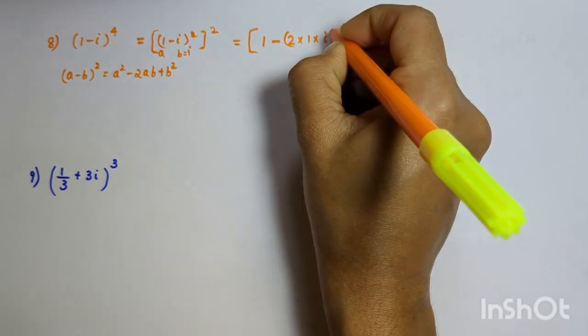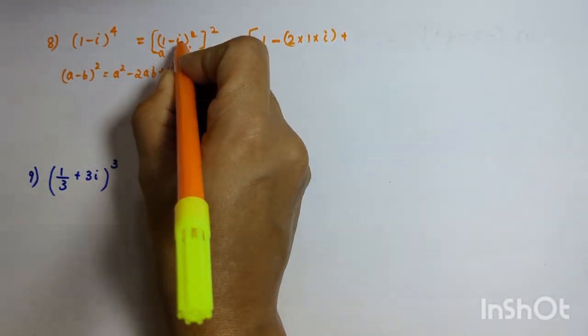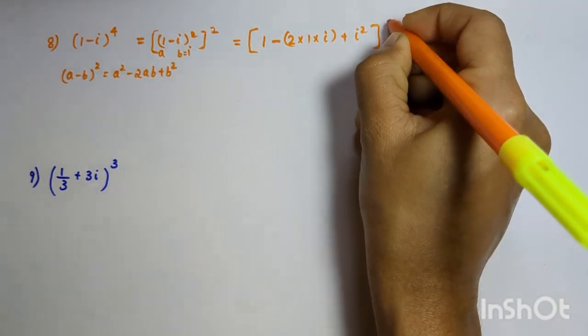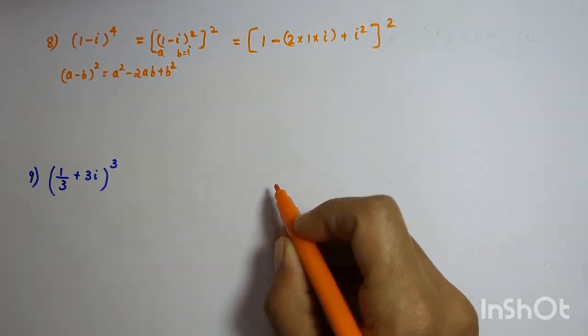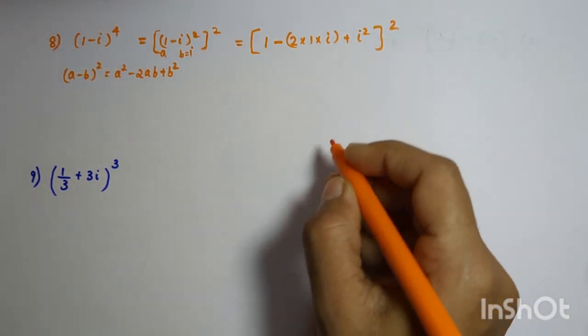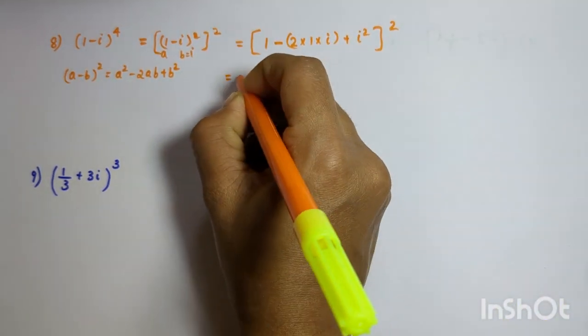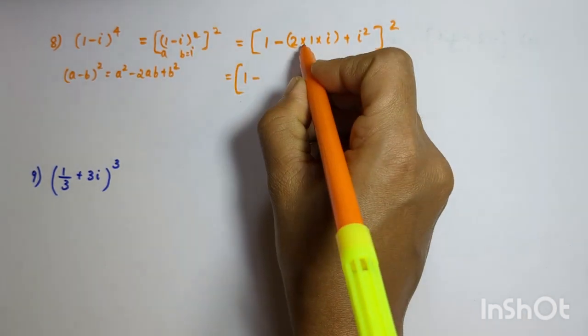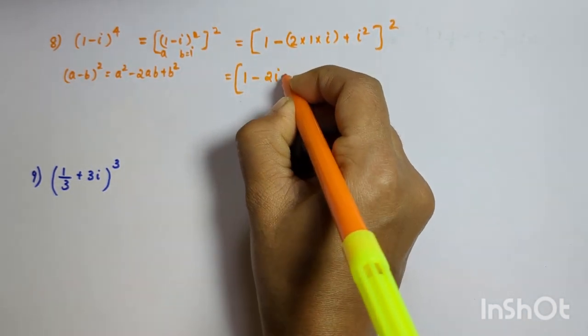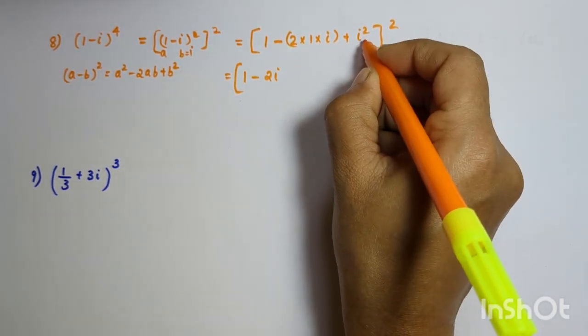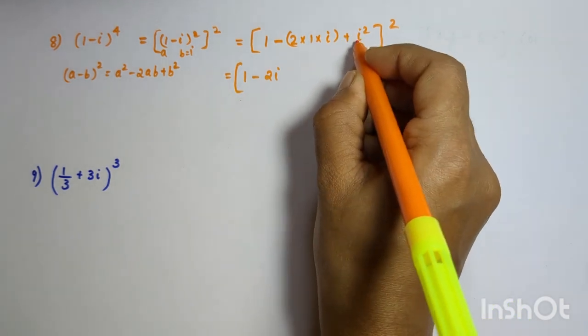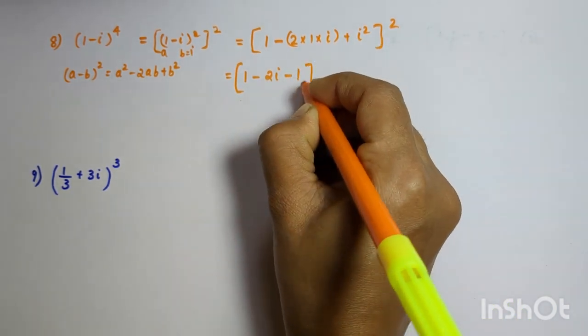Okay, then plus b square, b is i, so i square, then whole square is here. Okay, now this is actually equal to what? 1 minus 2 into i is 2i plus i square. i square is actually equal to minus 1. So plus minus 1 whole square.